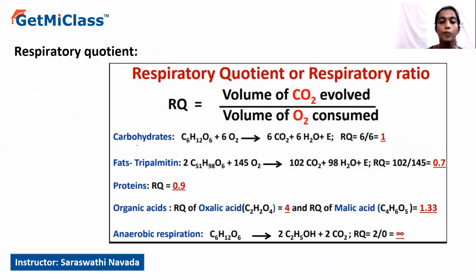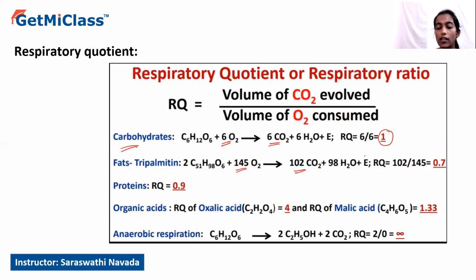For example, if we consider carbohydrates, this is the equation for carbohydrate oxidation, where 6 molecules of oxygen will be utilized in order to release 6 molecules of carbon dioxide. And if you are calculating the respiratory quotient here, it will be 1. Whereas for fats such as tripalmitin, it will use 145 molecules of oxygen for complete oxidation of a fatty acid in order to release 102 molecules of carbon dioxide as well as 98 molecules of water.